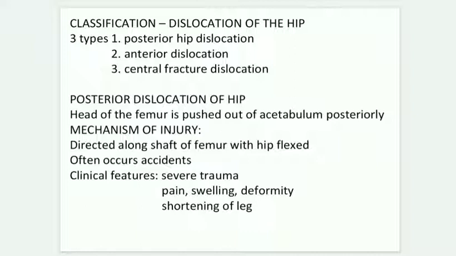The mechanism of injury is that the injury is sustained by force directed along the shaft of the femur while your hip is flexed, so it requires moderate force to dislocate the hip. It also occurs in RTA and accidents, also known as dashboard injury.